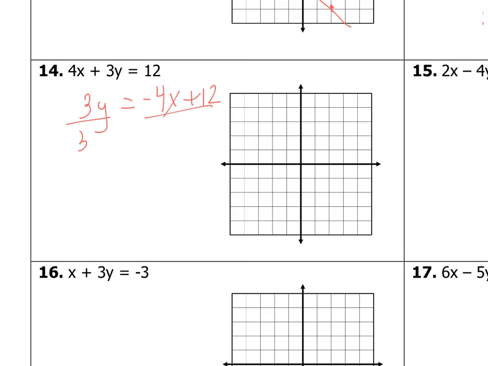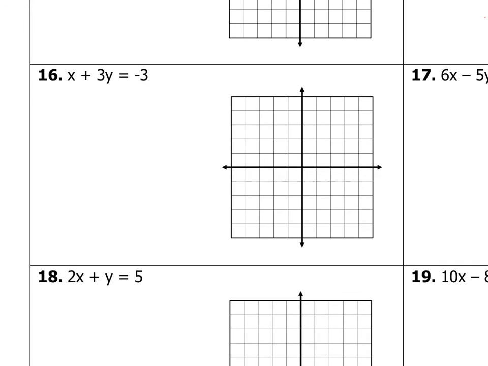Divide by 3. Divide by 3. So y is negative 4/3 x plus 4. So let's graph that. Here's 4. I'll go down 4 and right 3. Believe it or not, those are the only 2 points I can get on this graph, just because of the limitations of the graph size. There we go. Looks like that.